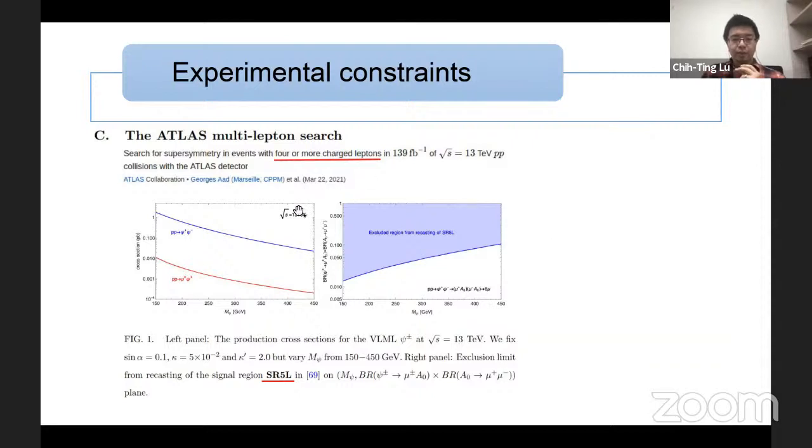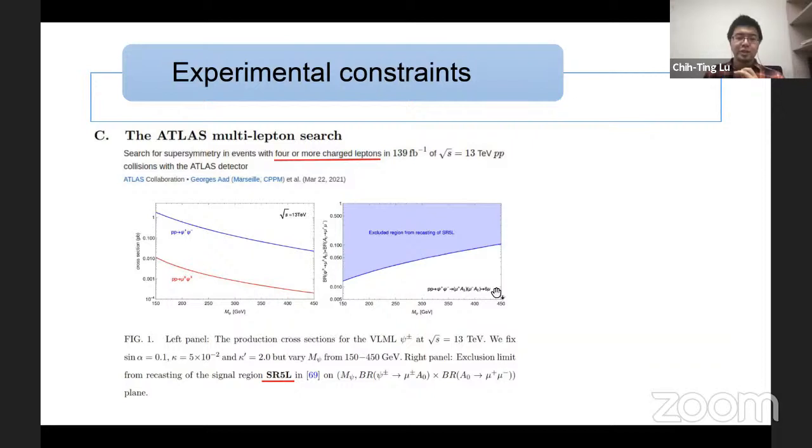In our models, the major production mode is the pair production of the vector-like muon leptons, mu plus, mu minus pair. And we focus on the recasting for the signal region of more than 5 leptons, as in Kawamura's talk. And actually, you can see in this parameter space, it already gives us a very strong constraint. And here, our signal is 6 muons in the final state.